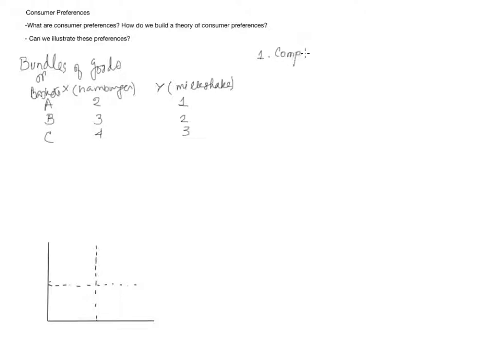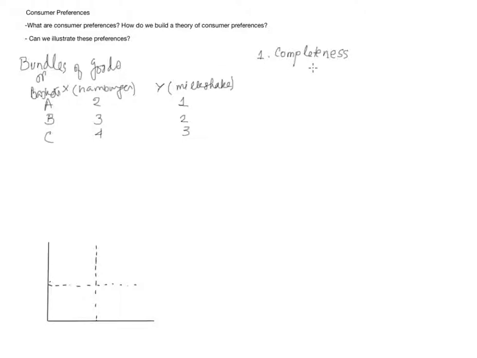The first assumption of consumer preference theory is that of completeness. That is, consumers' preferences must be complete. Now, what do we mean by complete? It simply means that the consumer should be able to rank these bundles.